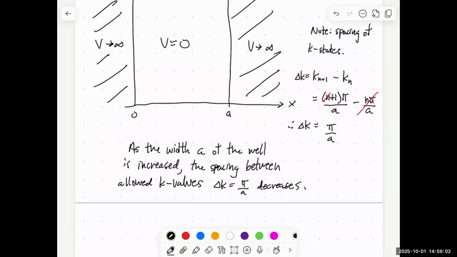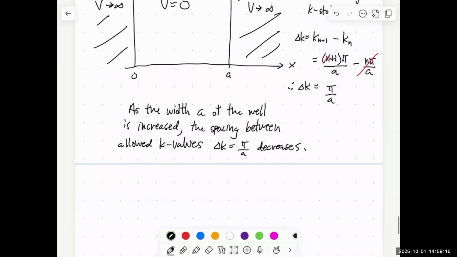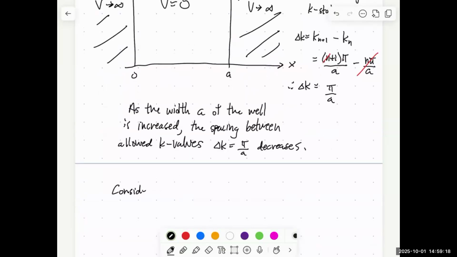Okay, so fair enough. With that in mind, what I want to do is think about a superposition of neighboring k-states. So we're going to consider a superposition of infinite square well stationary states.